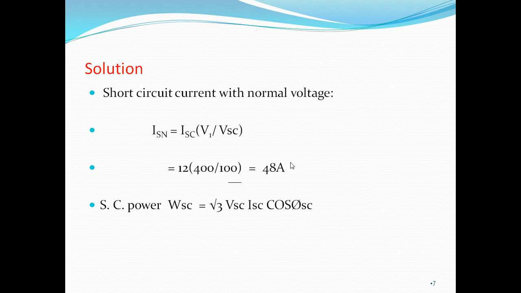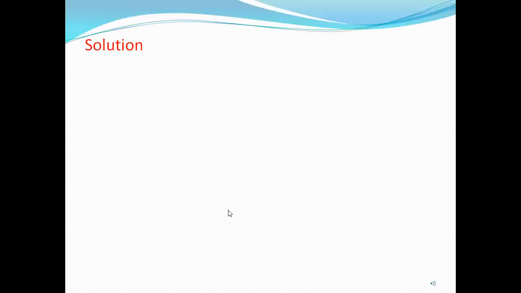You take the short circuit power, that is WSC is equal to root 3 VSC ISC cos phi SC. So cos phi SC is equal to WSC by root 3 VSC ISC.